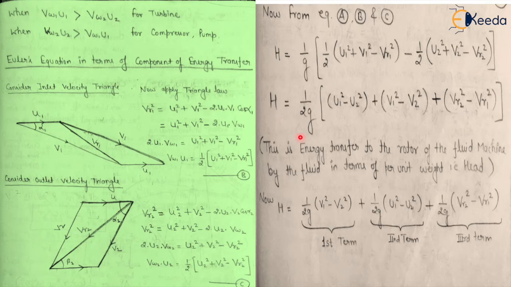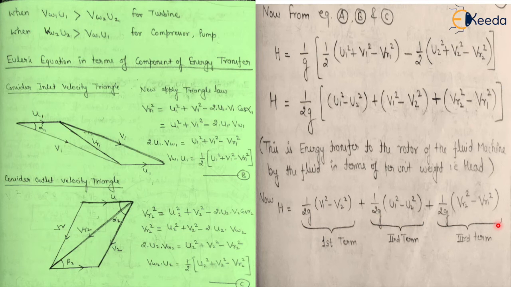Now if I write this equation like this, H is equal to 1 by 2g into V1 square minus V2 square, plus 1 by 2g into U1 square minus U2 square, plus 1 by 2g into VR2 square minus VR1 square. This is the first term, this is the second term, and this one is the third term.